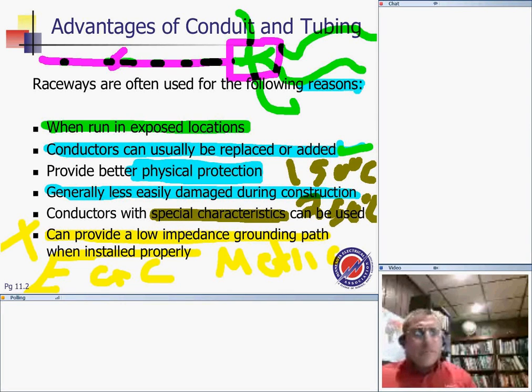Conduits are heavier if it's rigid, so that's kind of more expensive for those parts, conduits versus cable and so forth. And again, six of one, half a dozen of another, guys, in terms of applying it.